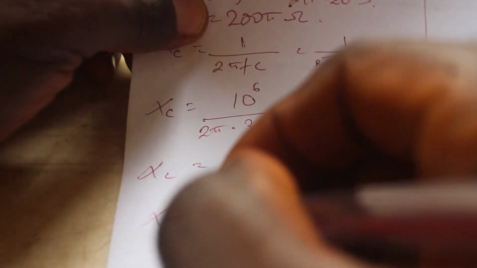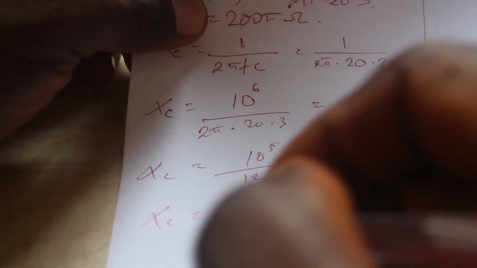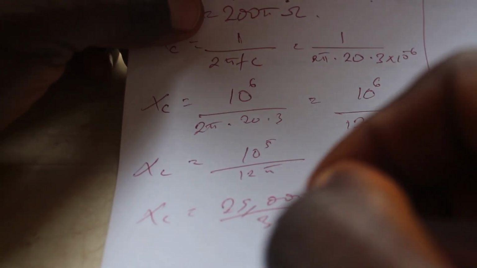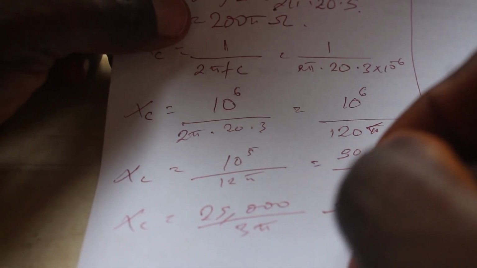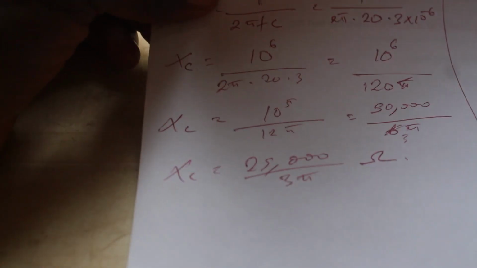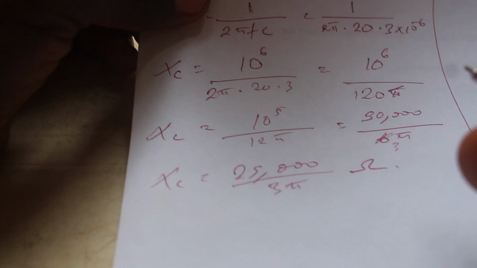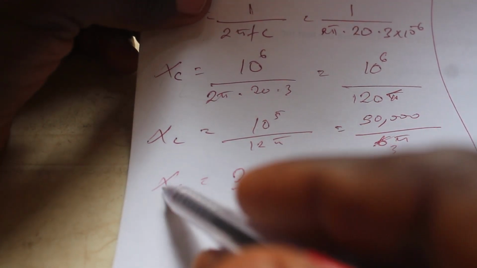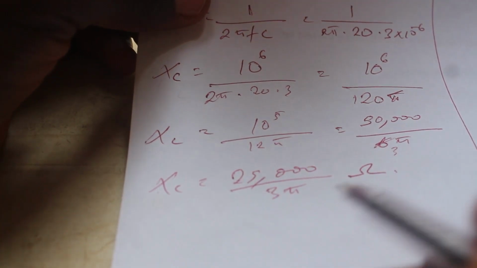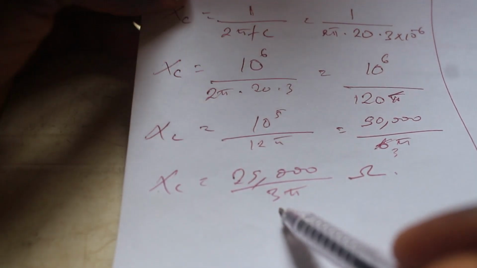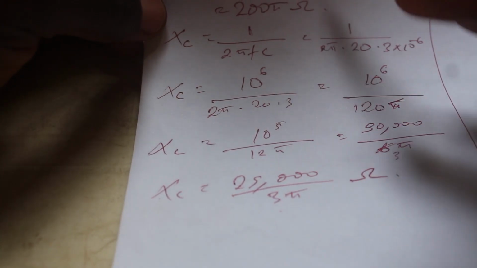So here we have XC becomes 25,000 divided by 3 pi ohms. Of course, if you have your calculator, you can take it even further to get an even simpler value for the capacitive reactance. So now let's put our answers into this equation.